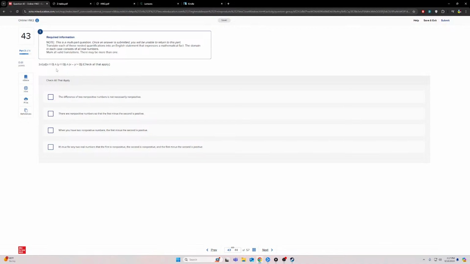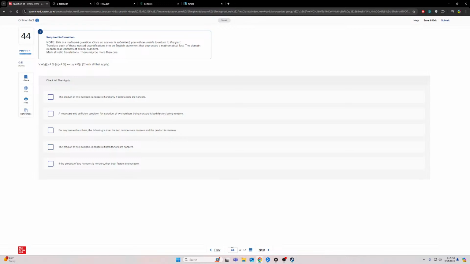There exist non-positive numbers such that first minus second is positive. True. When you have two non-positive numbers, that's not always true. It is true for any. That's not okay. For all real numbers that aren't zero.